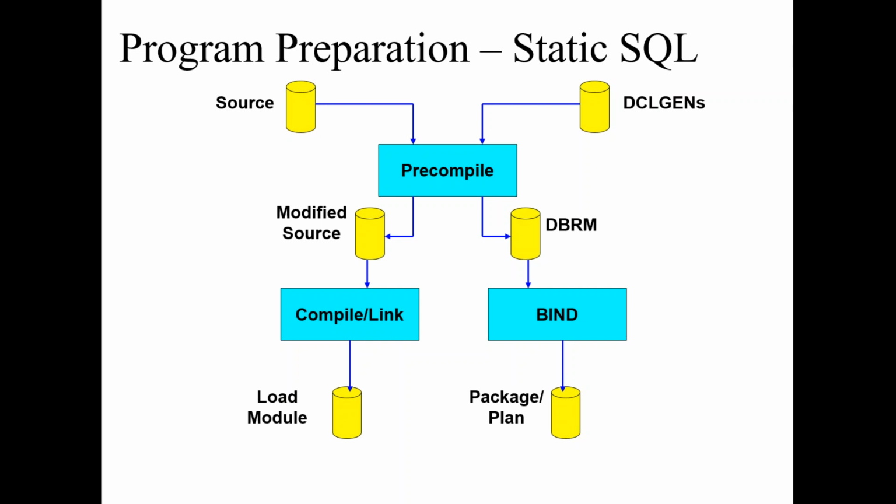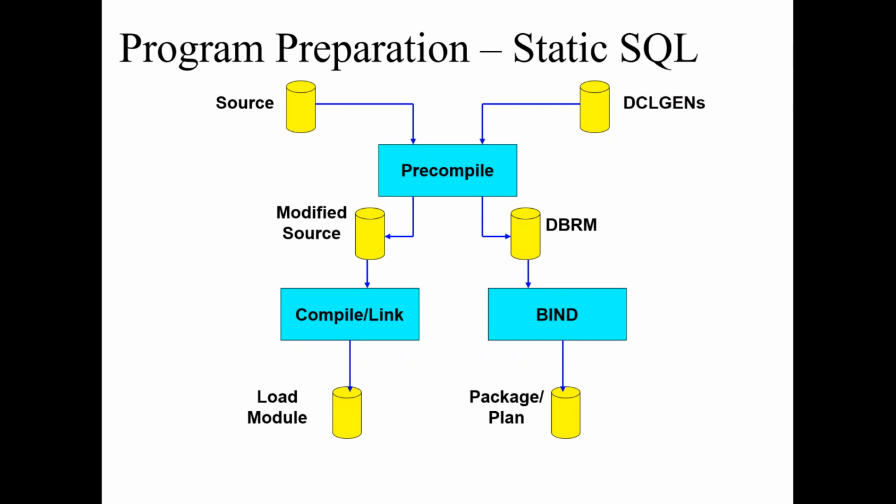On the right side, your DBRM, or your SQL, goes through a process called bind. And a bind produces a package or plan, and beginning in version 10, your really only choice was package. That package, you can think about it like the compiled SQL, or the executable stuff, the stuff DB2 needs to actually run that SQL at runtime.